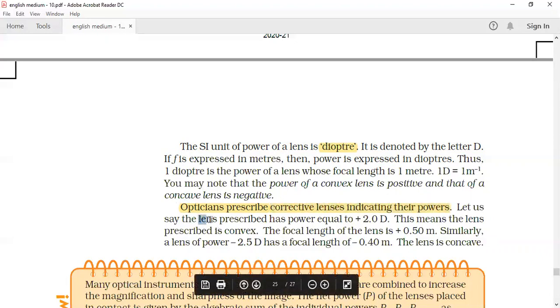If the lens prescribed has power equal to plus 2.0 dioptre, this means the lens is convex and the focal length is plus 0.50 meter. A lens of power minus 2.5 dioptre has a focal length of minus 0.40 meter, so this lens is concave.